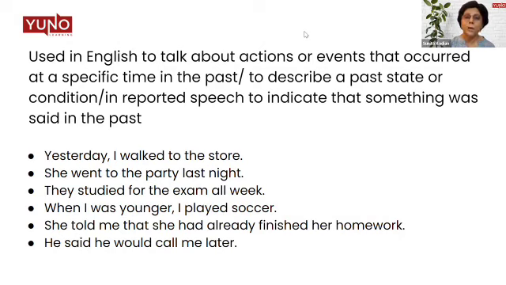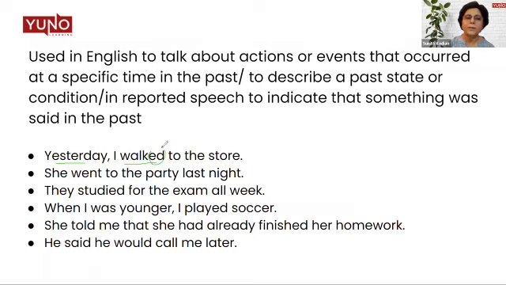My sister went in the morning. She went last week. So when you have the time mentioned, you use the past tense, right? For example, if yesterday is mentioned, then I walked to the store.